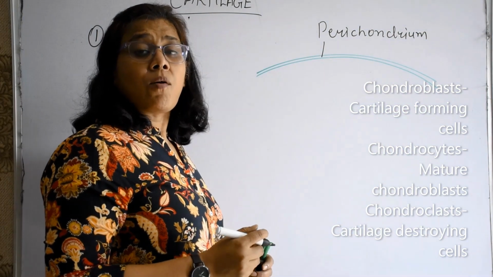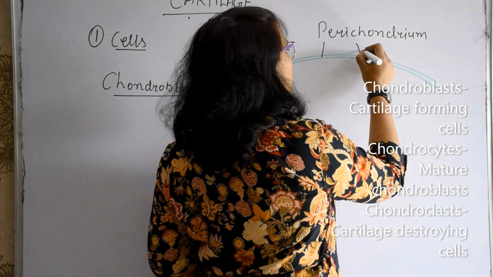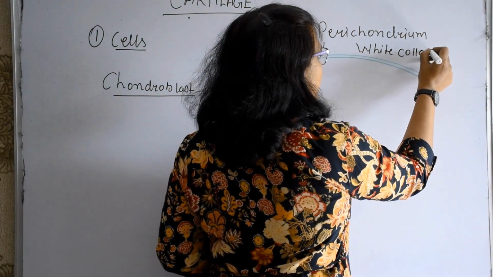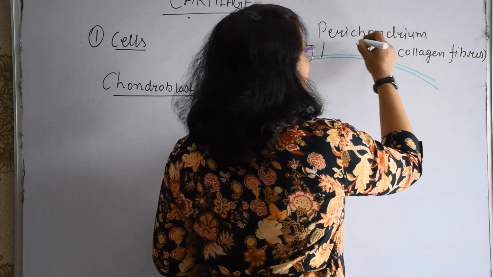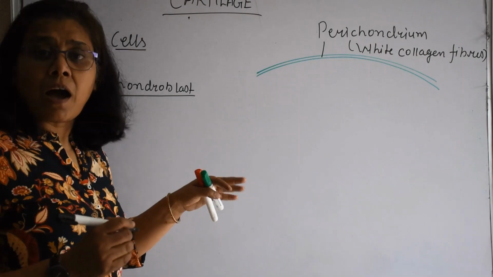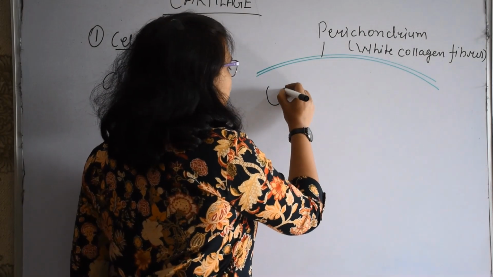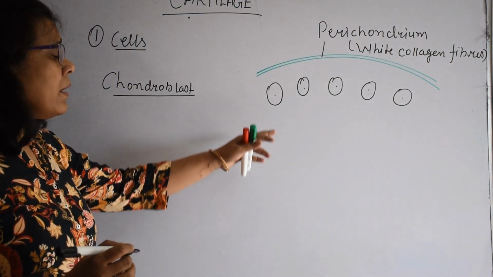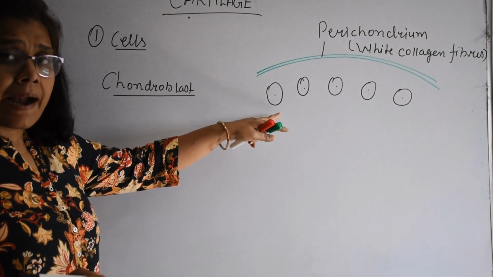Perichondrium is made up of white collagen fiber. Close to this perichondrium, chondroblasts are present. These are chondroblasts, and they are small cells. They are highly metabolically active cells.